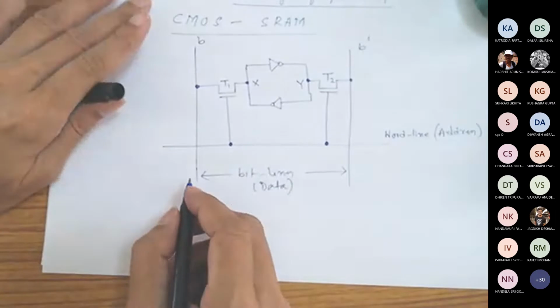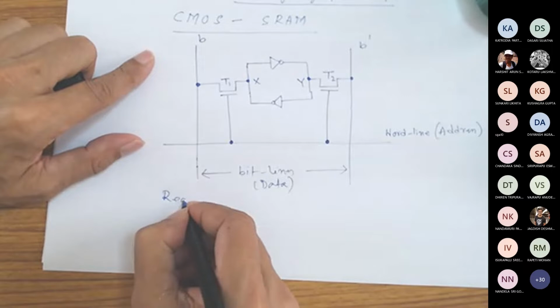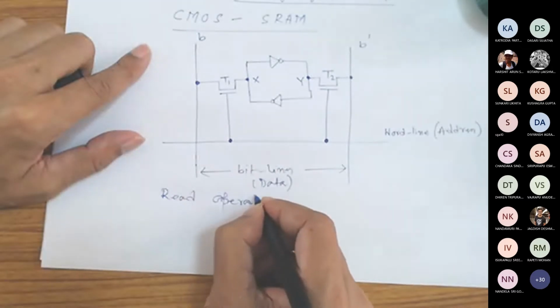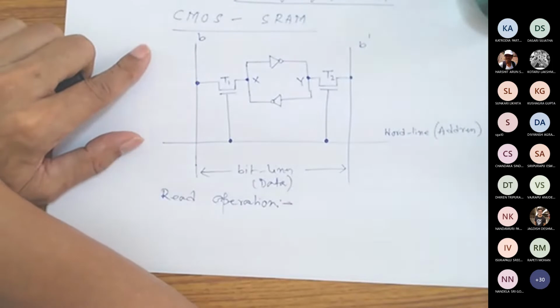So how does the read operation happen? In order to read this particular static RAM cell, the word line is activated.